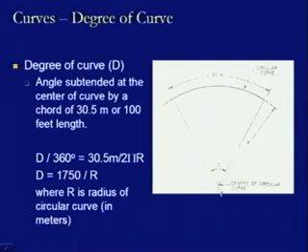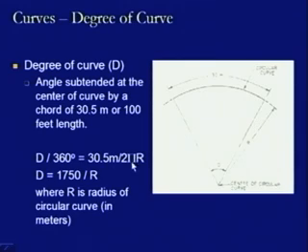So, this is how it is found out, and if we go from the center of the curve up to the curve, this is the radius of this curve, and there is a relationship between the degree of the curve and the radius. This is the distance being moved, this is the angle and this is the radius.